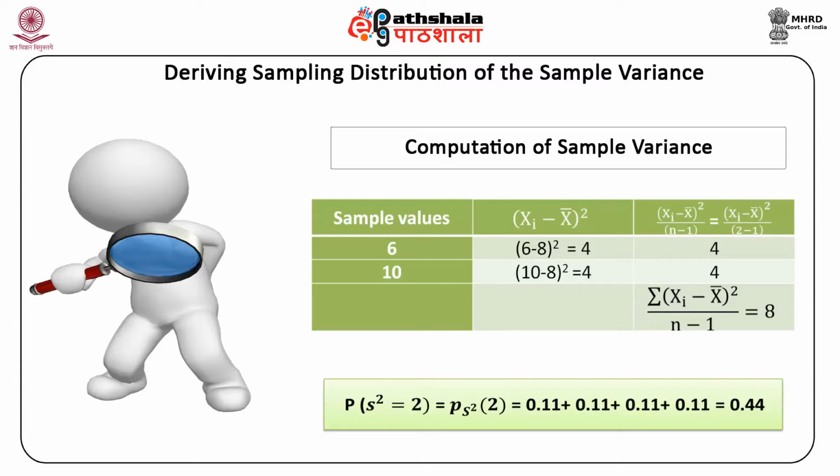The probability of occurrence of each of these values is 1/9, which is equal to 0.11. Therefore, probability s square equal to 2, P(s square = 2), is equal to 0.11 plus 0.11 plus 0.11 plus 0.11, which is equal to 0.44.